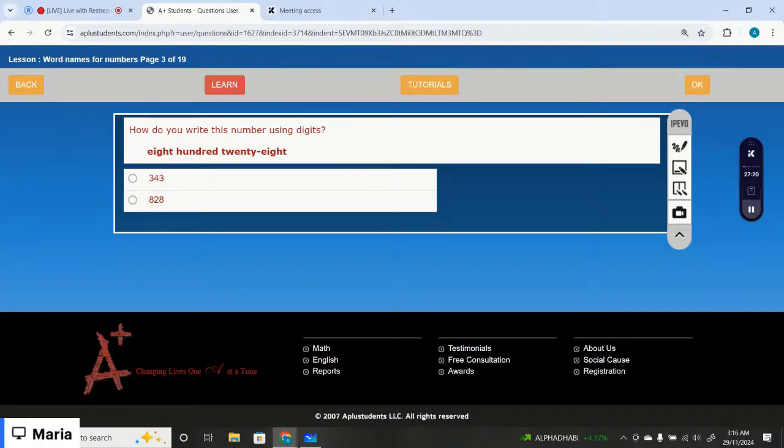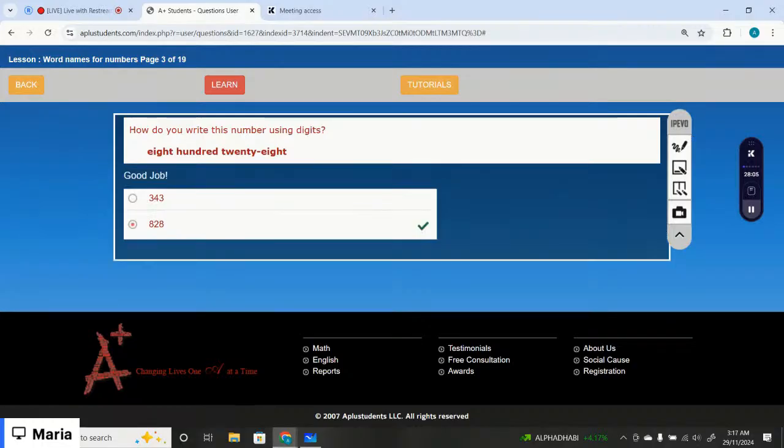How do you write this number using digits? 828. Eight hundred twenty-eight. Option number 2 is the correct option.